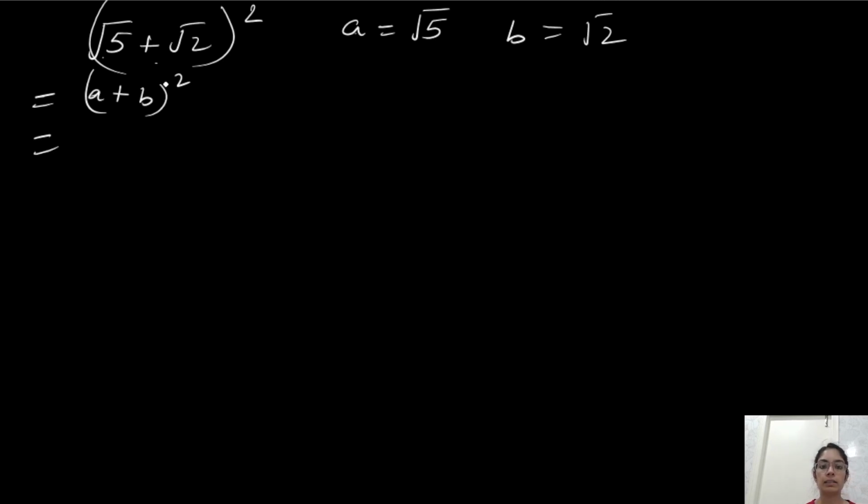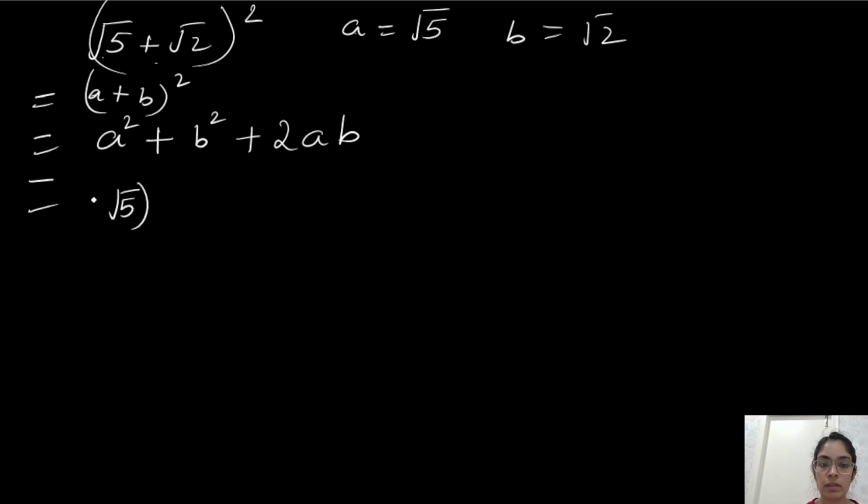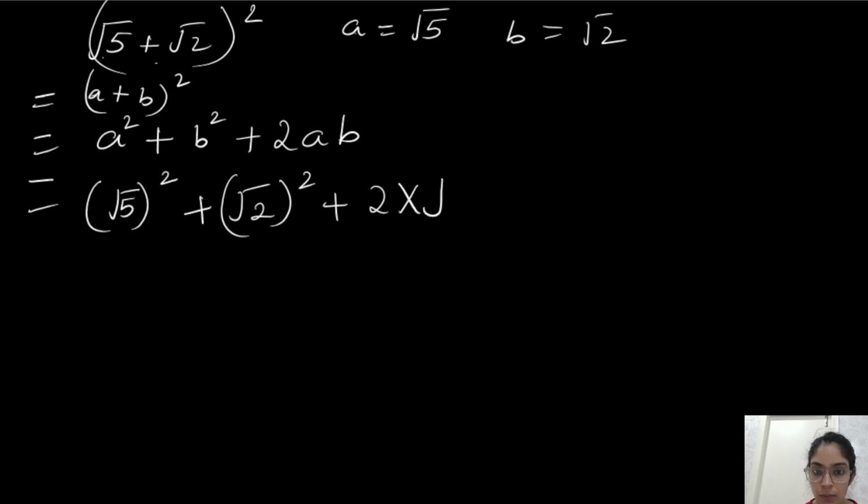First of all, write the given form. The given form is (A + B) whole squared. Now let's expand it. As I've told you, it's an expansion already. So this is A² + B² + 2AB. Now we can do the substitution. In A's place, write its value. A is (√5) squared, plus B is (√2) squared, plus 2 into √5 into √2.